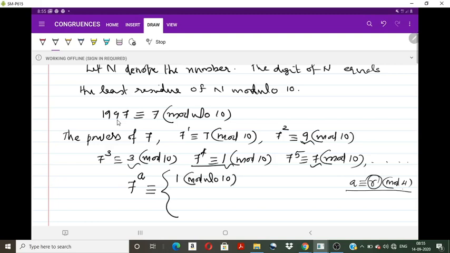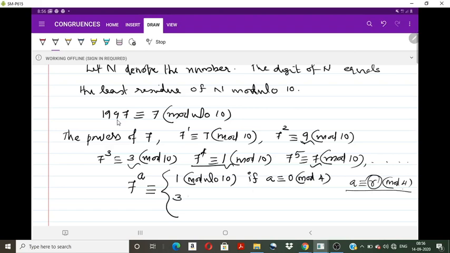When is it congruent to 1 modulo 10? When A is a multiple of 4, since 7 raised to 4 is 1. Similarly, we can say that 7 raised to 8 is congruent to 1 and 7 raised to 12 is congruent to 1 modulo 10, like that. So if A is congruent to 0 modulo 4, that means A is a multiple of 4.